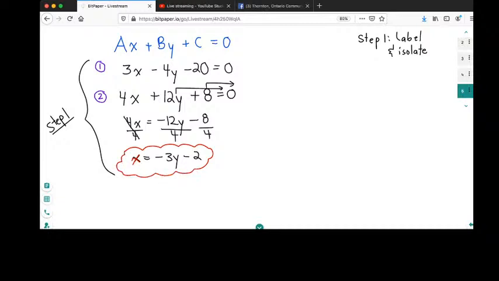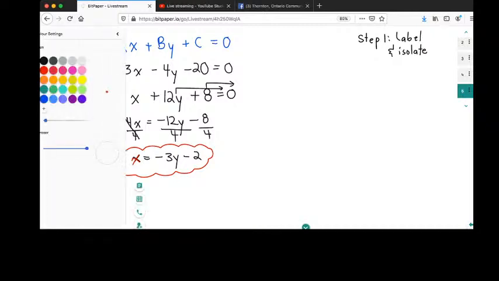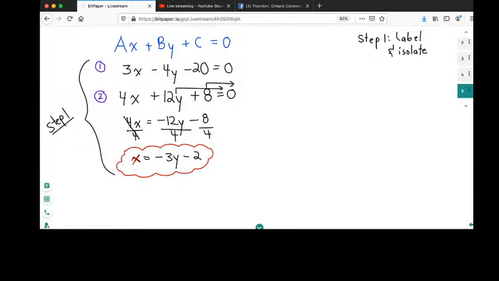I'm going to pick the other equation, equation 1, 3x minus 4y minus 20 equals 0, and do that substitution. So let's put equation 1 here. The equation is 3x minus 4y minus 20 equals 0.